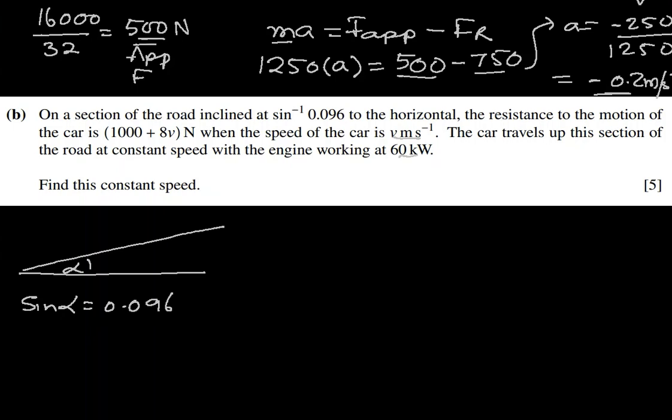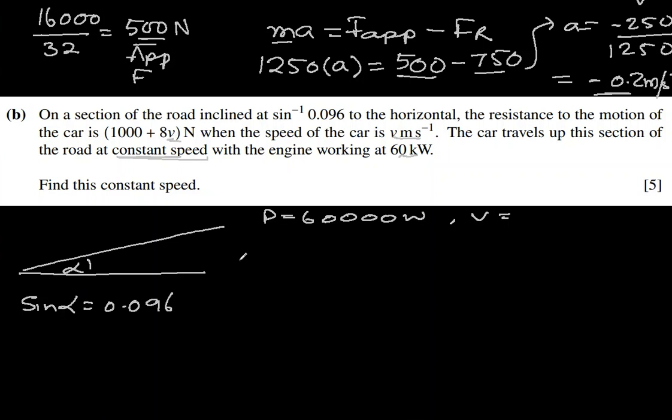We can interpret it like this. The car travels up the section of the road at constant speed again, with the engine working at 60 kilowatts. So power is 60,000 watts. Speed is constant, and that speed is V.